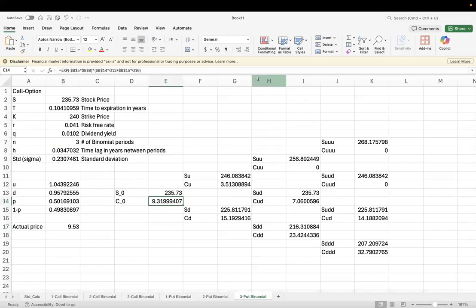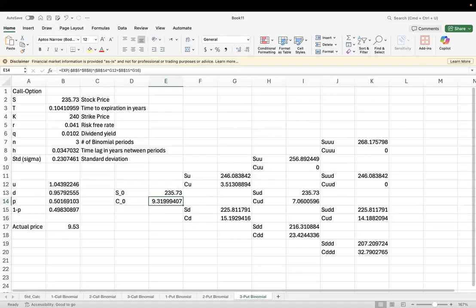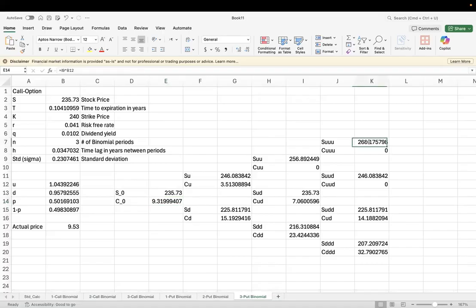Perfect. Thank you very much, everybody. Just wanted to show that this is the way that we can calculate easily any option pricing. But just to sum it up, starting from the materials, very first thing, just calculate U, D, P, and 1 minus P. Then make this graph, calculate SUUU, SUUD, SUDD, and then SDDD.